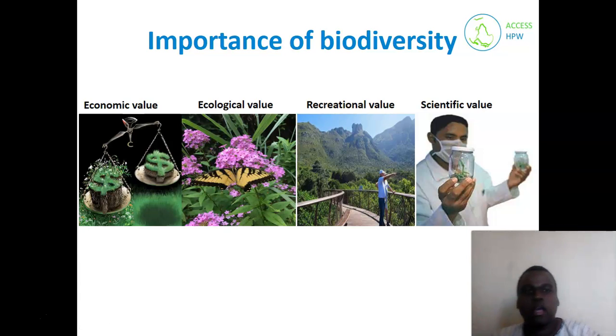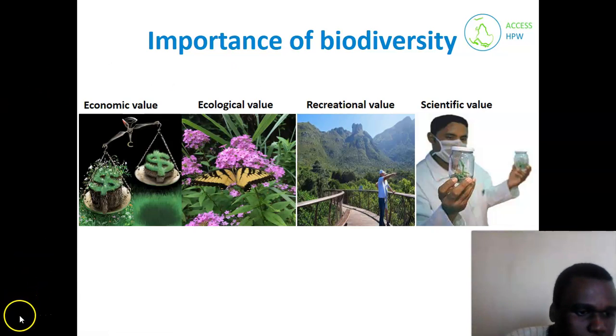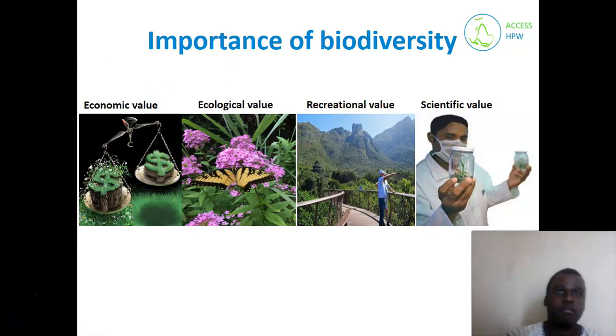So biodiversity is important, and we get different values from biodiversity. So biodiversity contributes to life on Earth. Earth's healthy ecosystems are vital for human welfare and survival, as they provide us with essential products and benefits known as ecosystem services.